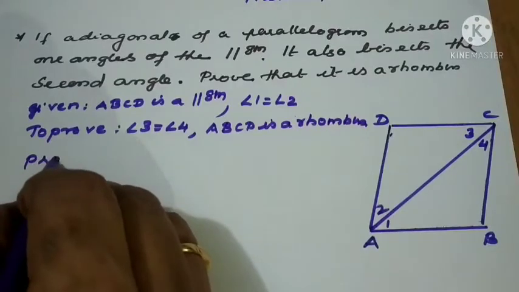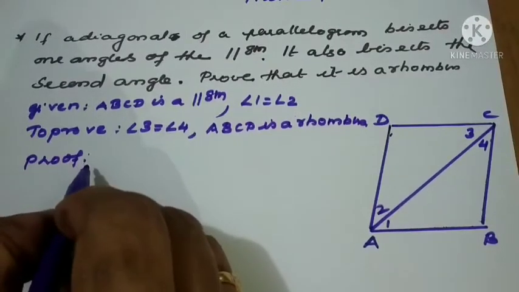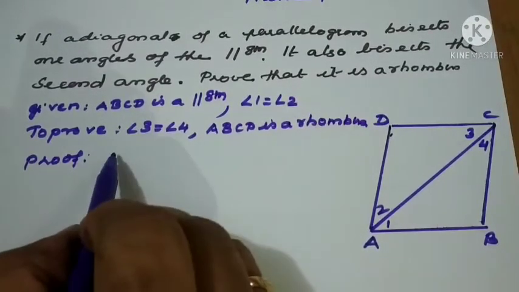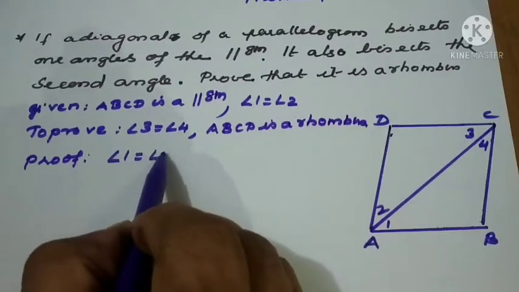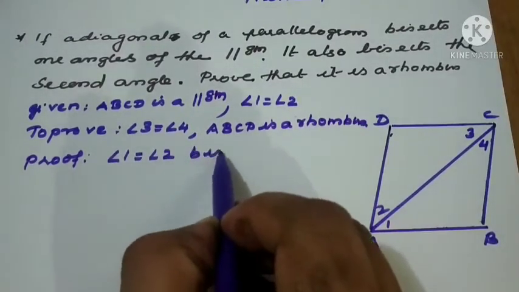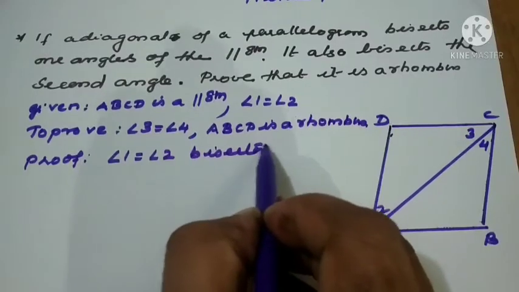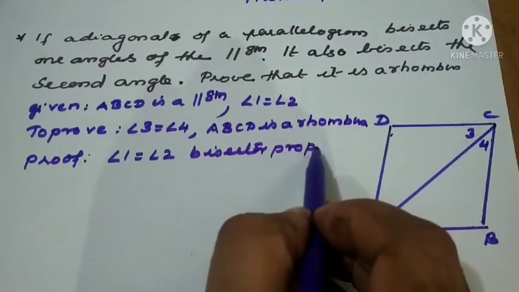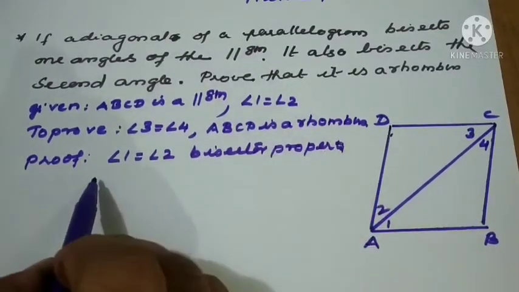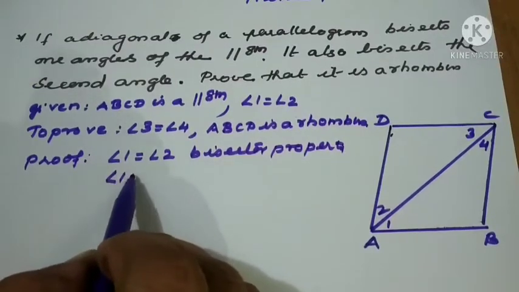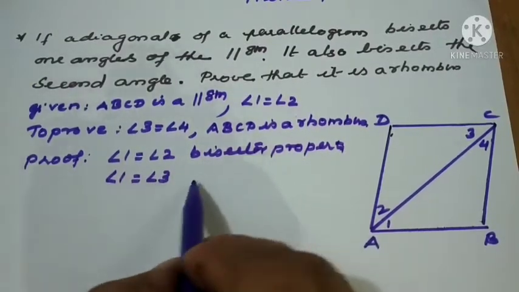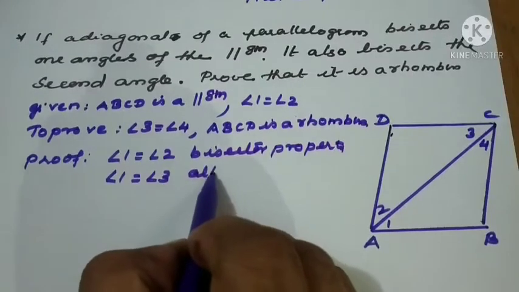Proof. Angle 1 equal to angle 2, bisect. Angle 1 equal to angle 3, alternate interior angles.